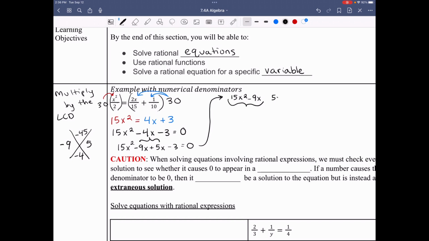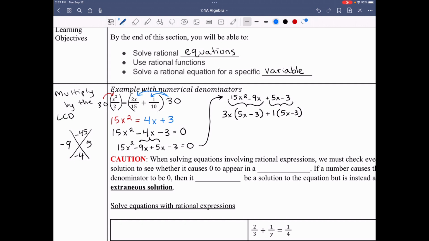The 5x minus 3 gets grouped together. So I can factor out from this first grouping a 3 and an x. 15 divided by 3 is 5, so we get 5x. 9x divided by 3x is just 3. On this one, I can't factor anything out, so it's prime, so I'm just going to put a 1, because the only thing I can divide by is a 1.